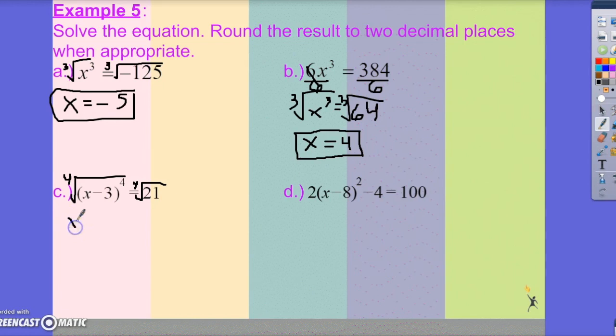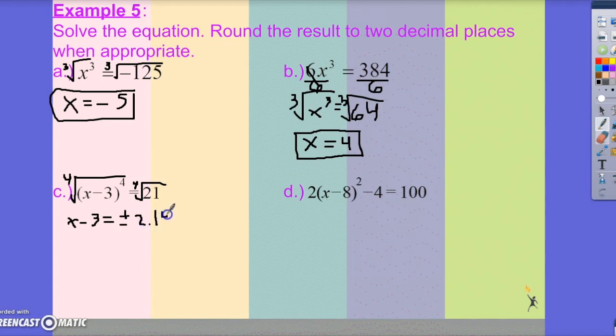On the left, you'll be with x minus 3 equals fourth root of 21. Be careful. We're going to have to round on this one. This is not a perfect fourth. Round to 2 decimal places.